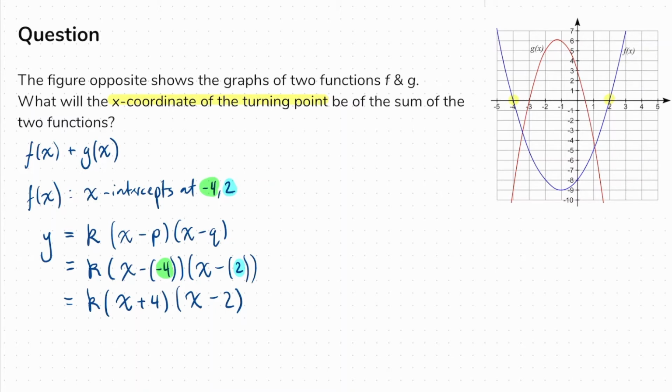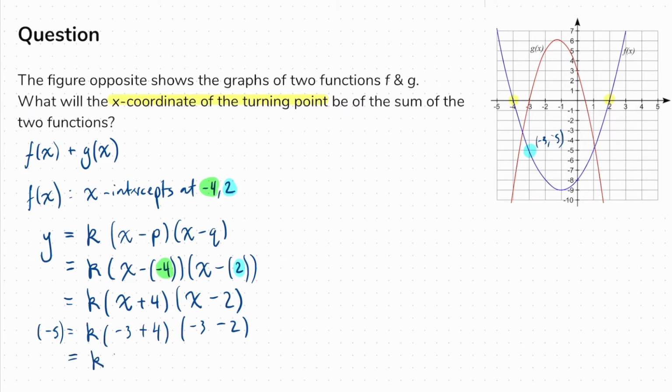And what I'm looking for here is another clear point. So here we go. I can see a clear point here, which is at -3, -5. So I'm going to substitute in y equal -5. This is -3 to find k.